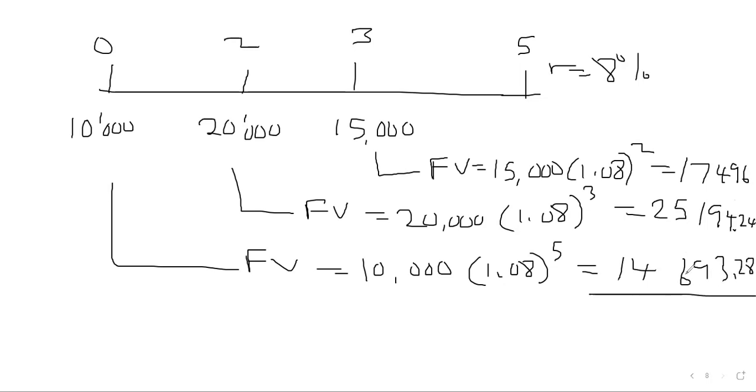And you add all these, 25,194.24 plus 17,496. So you're going to have 57,383.52. So this is the future value if you're given a mixed cash flow.